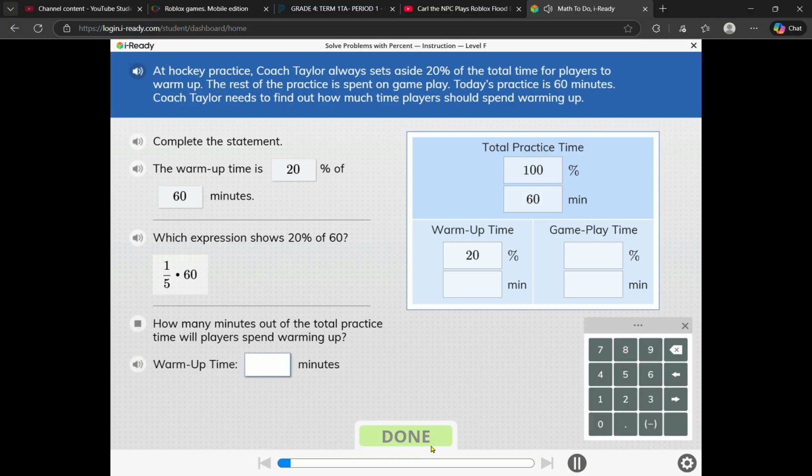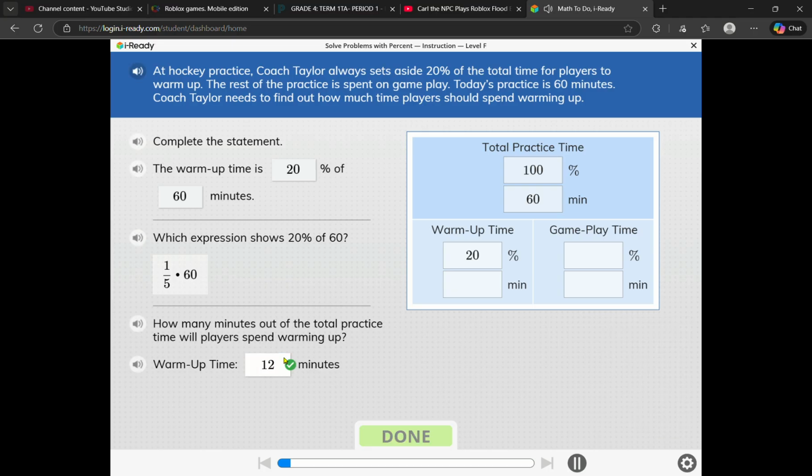How many minutes out of the total practice time will players spend warming up? The warm-up time plus the gameplay time is equal to the total practice time.